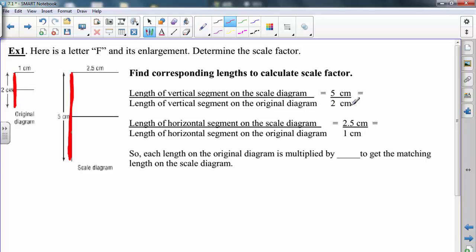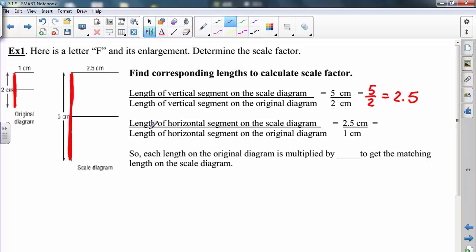I will write 2 centimeters. 5 centimeters over 2 centimeters is equal to 5/2. If I want to change this one to a decimal, that's fine as well. You can use a decimal to represent the scale factor because this decimal means 2.5/1. You can omit the 1 in the denominator.